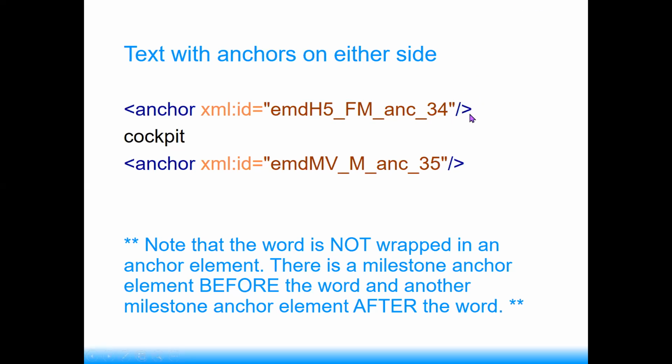There's a slash at the end there indicating that this element is not wrapped around anything. It's just a waypoint in the text. So the double endpoint attachment method is asking you to put one milestone element before and one milestone element after. All they're doing is marking 2 points in the text. They're not saying anything about the word cockpit.